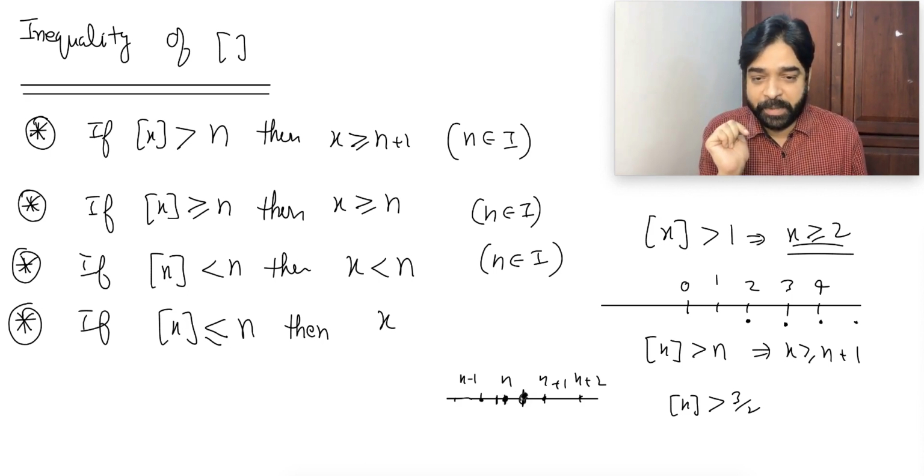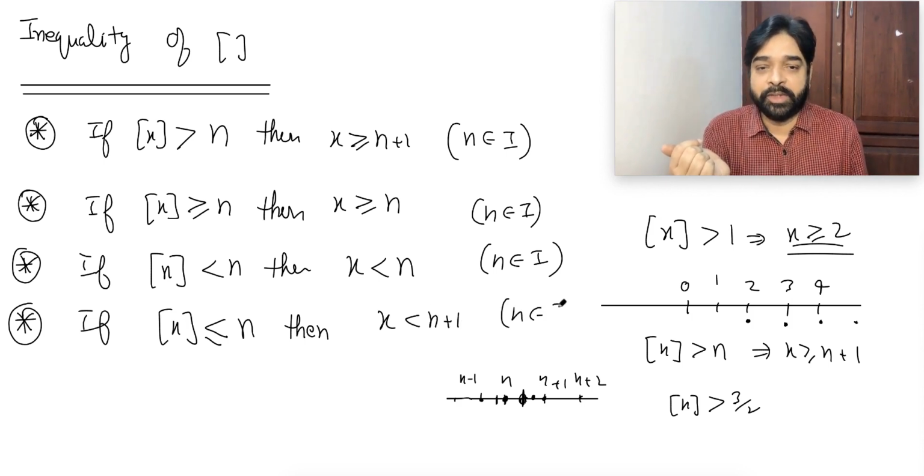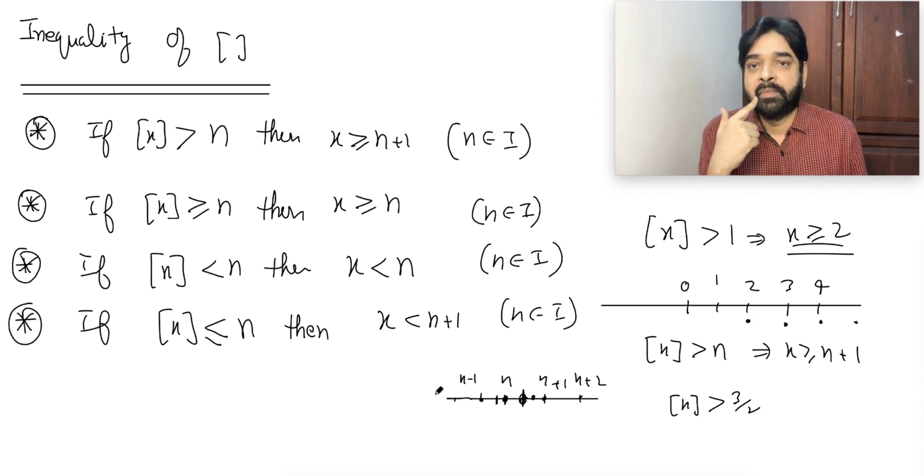Is it possible for x to be here? Yes. Can it be here? Yes, because the greatest integer of x will be n. Can x be on n plus 1? No. Otherwise the greatest integer of x will become n plus 1. So we'll say x will be less than n plus 1. Of course, n belongs to integers. Did you understand, everybody?